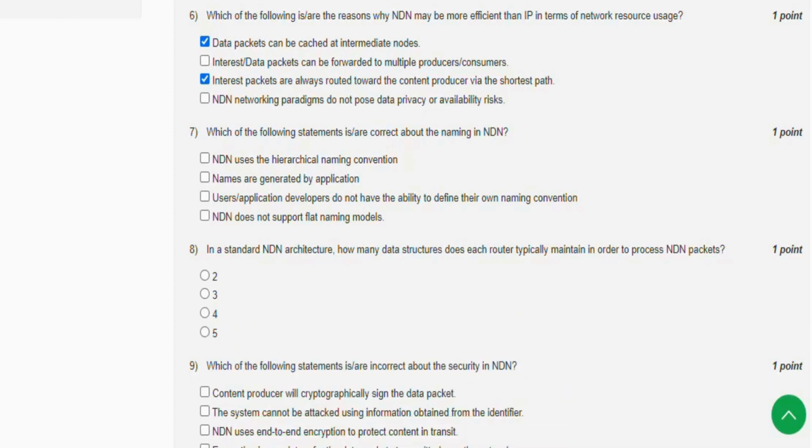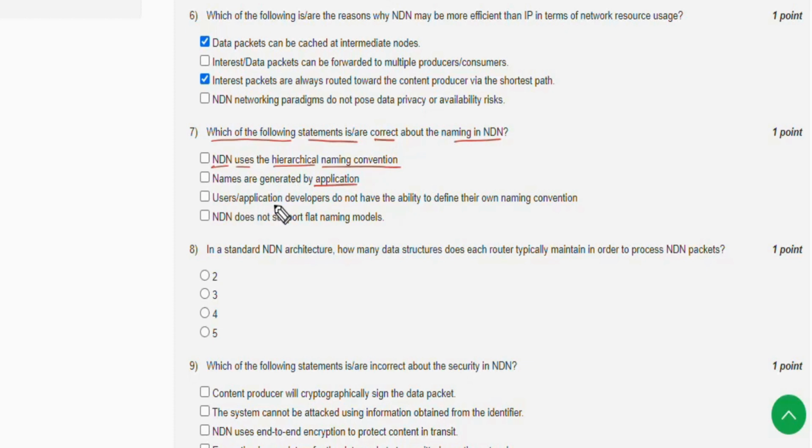Now question number 7. Which of the following statements are correct about the naming in NDN? The options are: NDN uses the hierarchical naming convention. Names are generated by application.